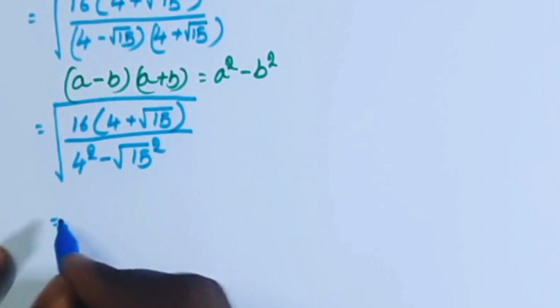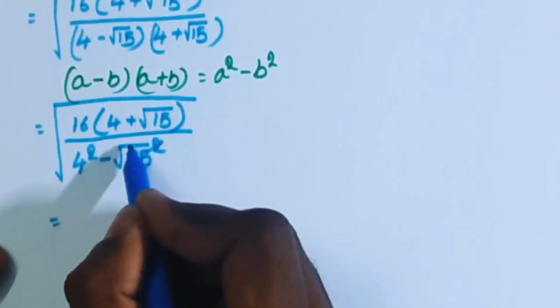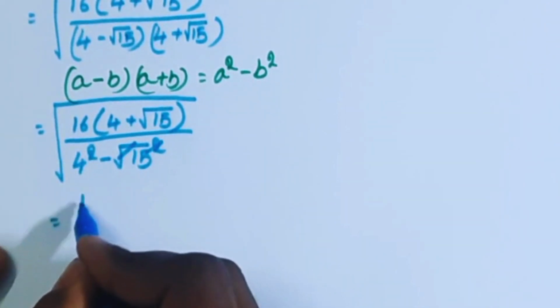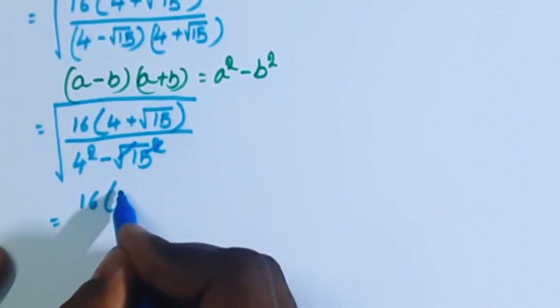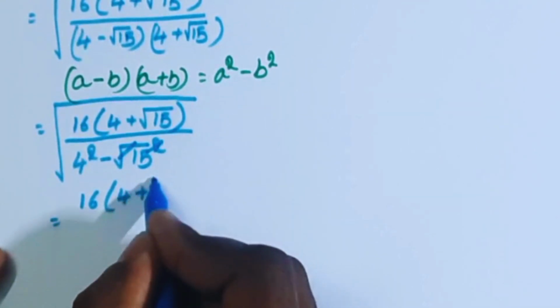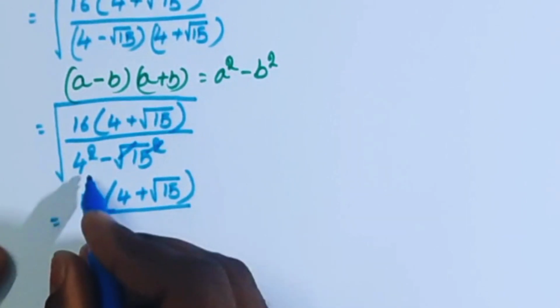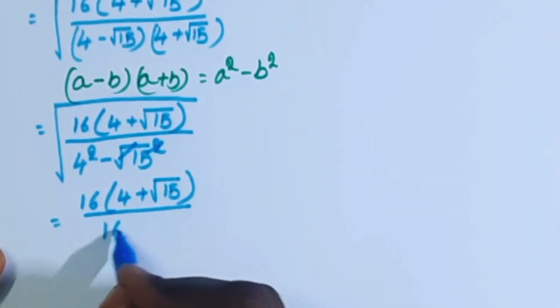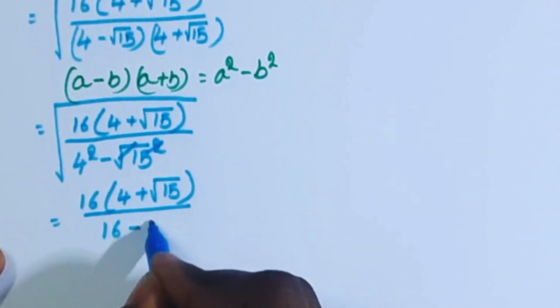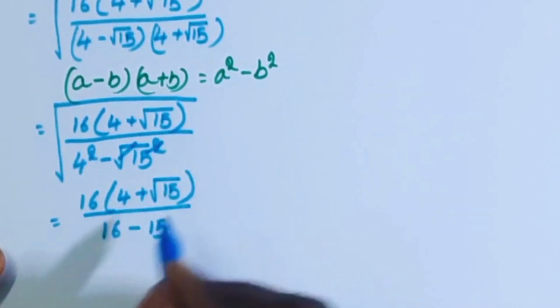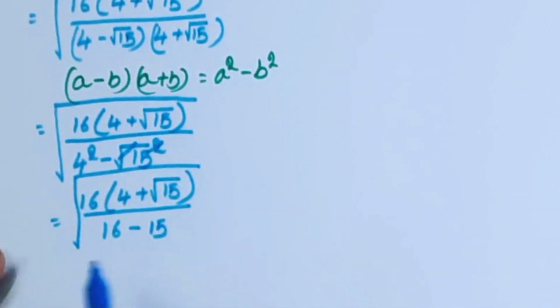Now this cancels this, so 16 times 4 plus square root of 15 by 4 square is 16 minus this 15, in whole square root.